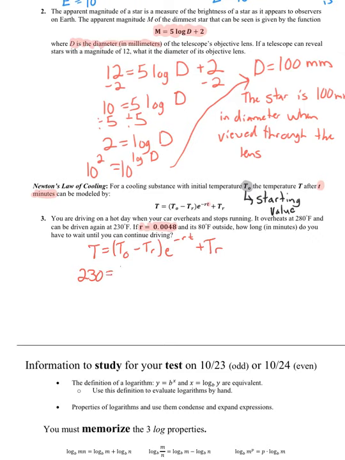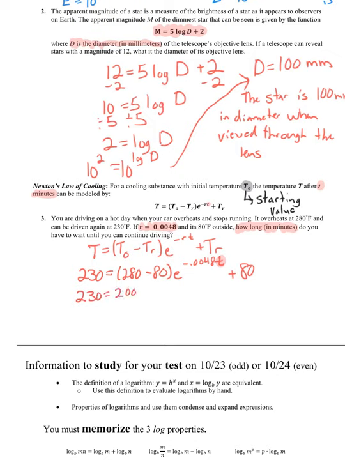It overheats at 280 degrees, and the temperature outside is 80 degrees. If we plug in all the variables, the only one missing is the time. That makes sense because the question is asking how long in minutes we have to wait. Now we can solve this equation.